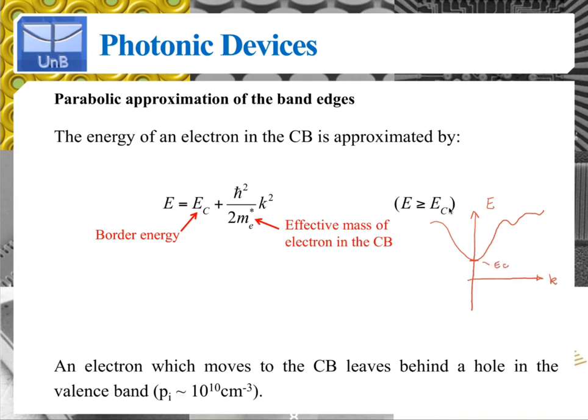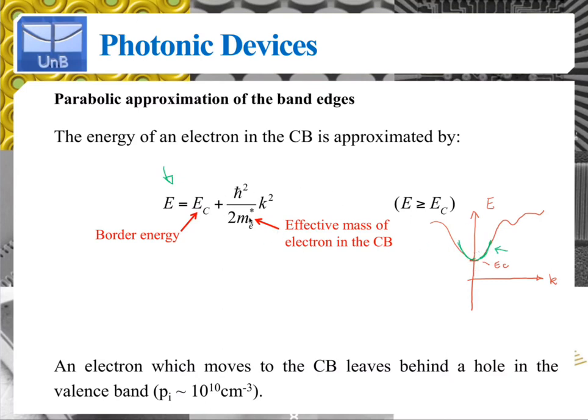But by doing the parabolic approximation and by using this equation, we approximate the energy close to the band edge by a parabola. And if you're very close to the band edge, this parabola should approximate the energy band very well. Okay. Therefore, that's all we're doing here.